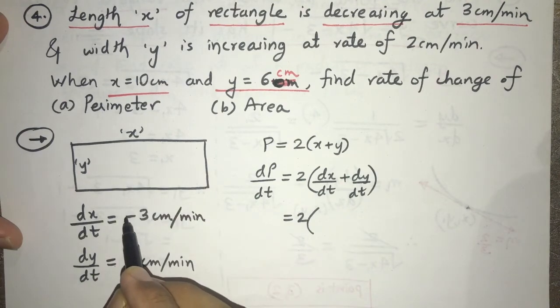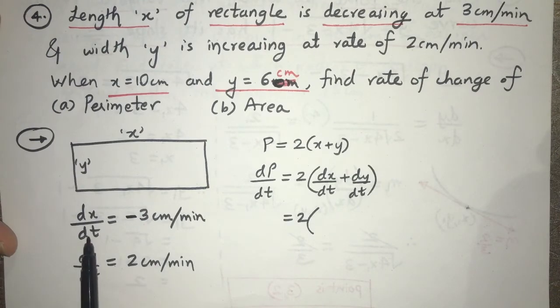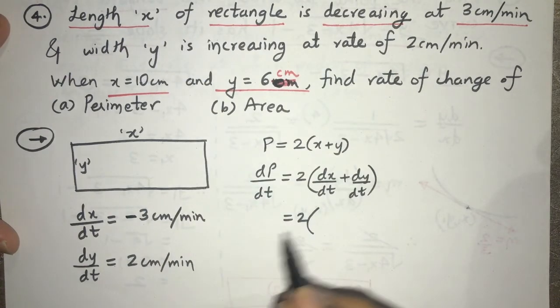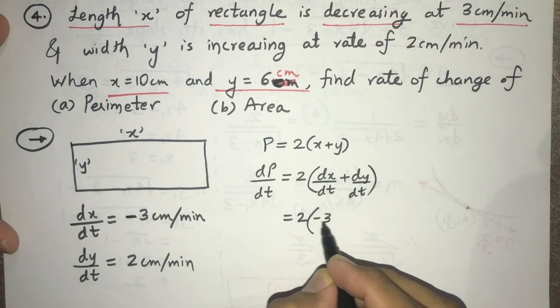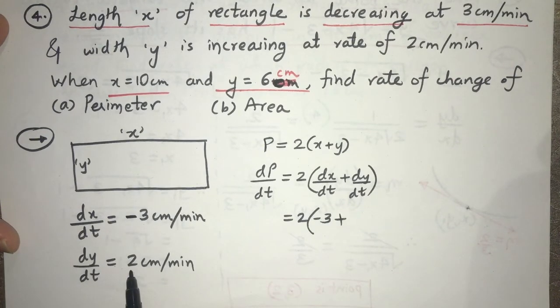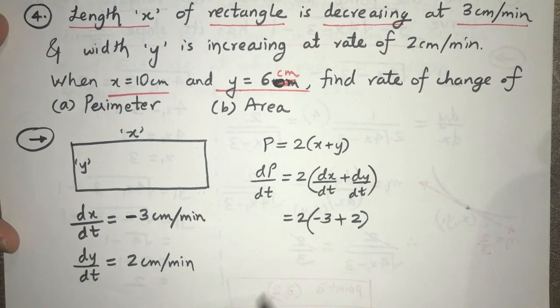It is decreasing, so with respect to time, change in time will be positive but change in x will be negative. So I have put a negative sign there, that is -3 plus dy by dt. dy by dt is 2, that is increasing, so change in y is positive.